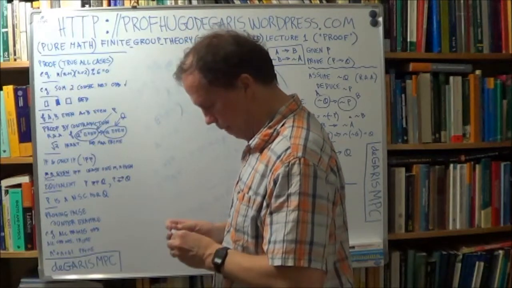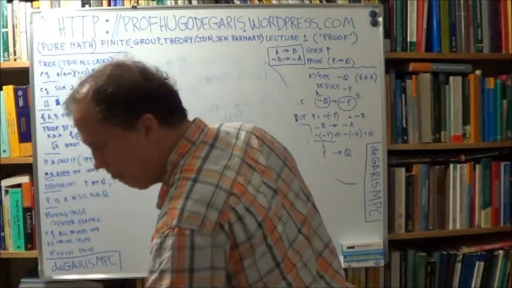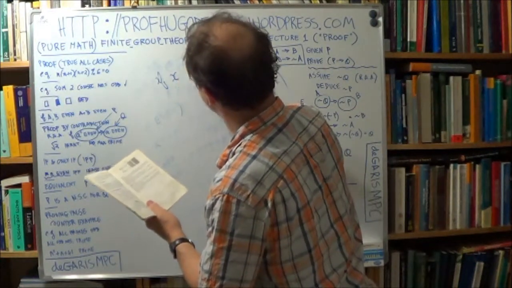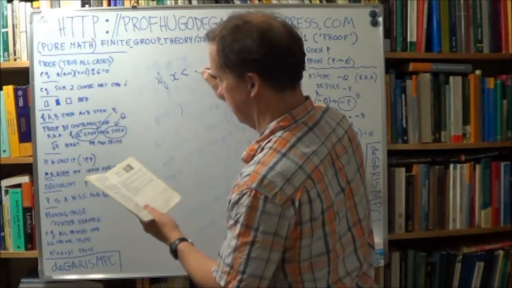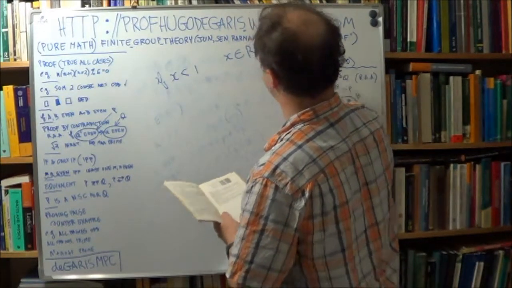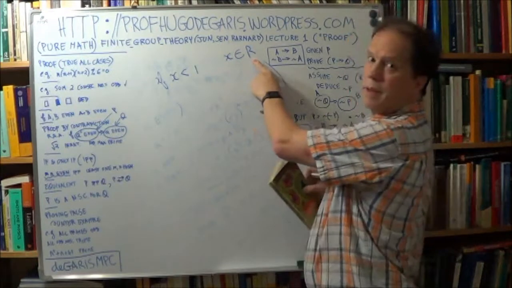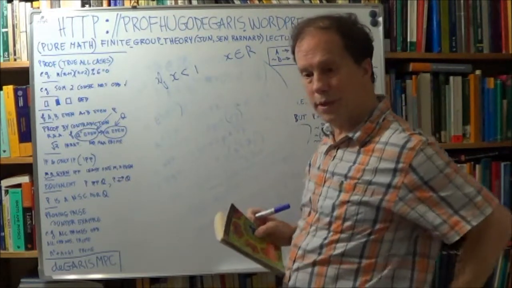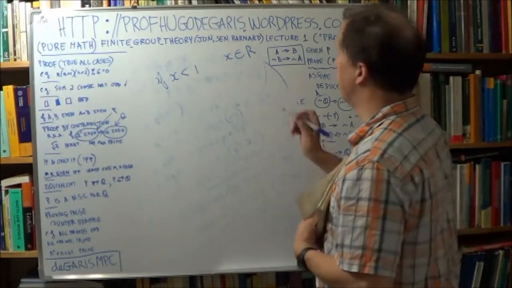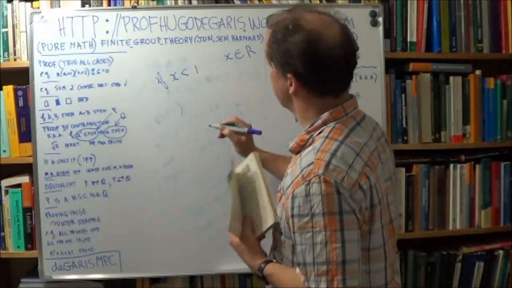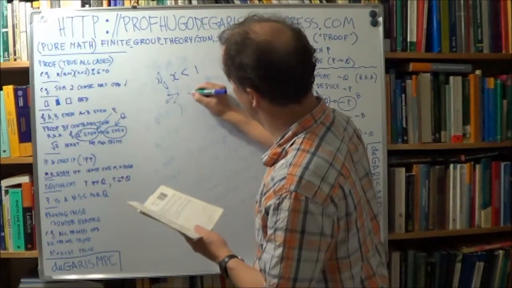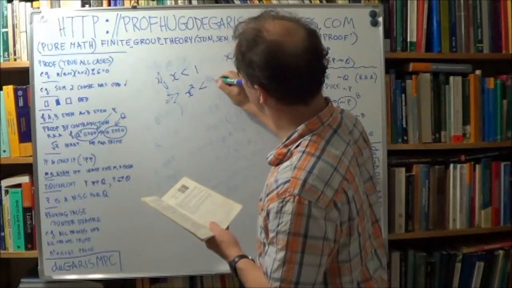Okay, so if x is less than 1, now x, by the way, belongs to R, big R. What does that mean? Big R, capital R, is the usual symbol representing the set of all real numbers. Okay, so if x is less than 1, then x squared is less than 1.